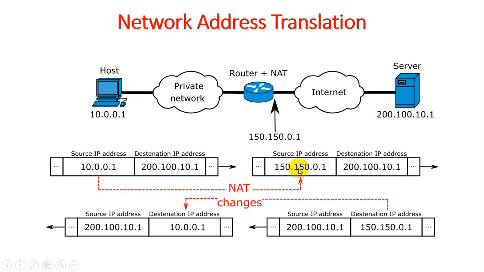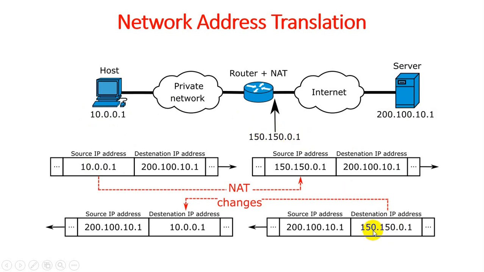After the transmission of data coming from 10.0.0.1, if a response should be generated from 200.100.10.1, they first provide a destination IP address, because the server doesn't know about 10.0.0.1. It only knows an intermediate public address.